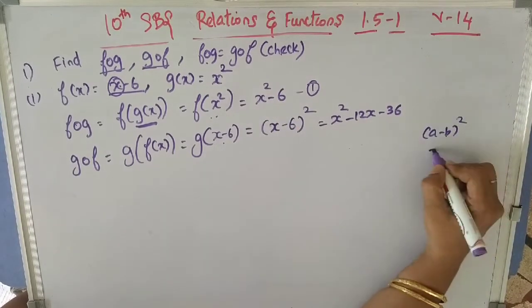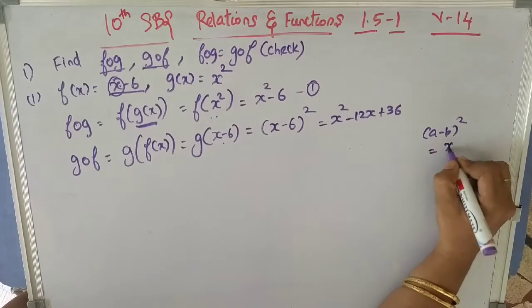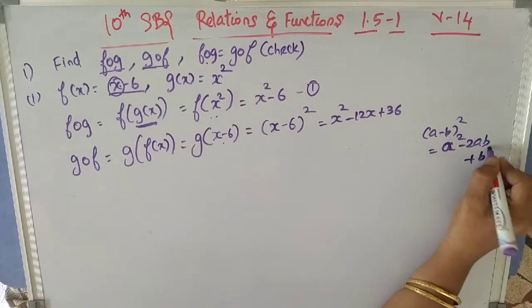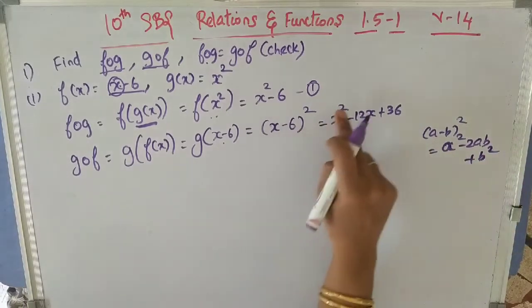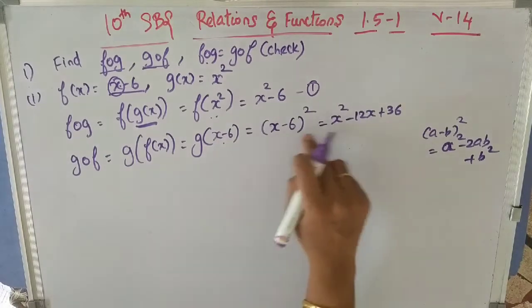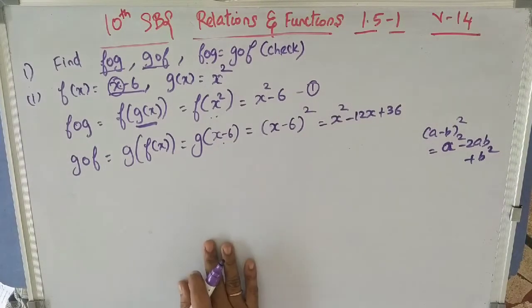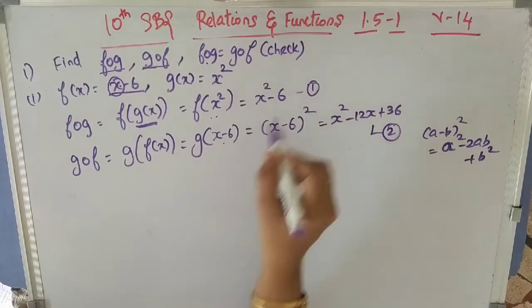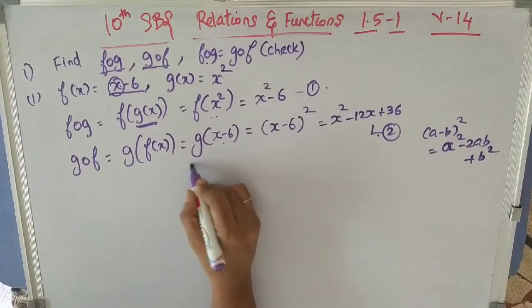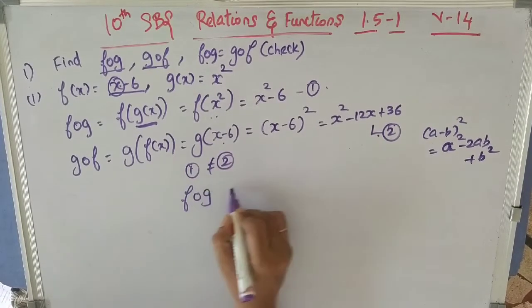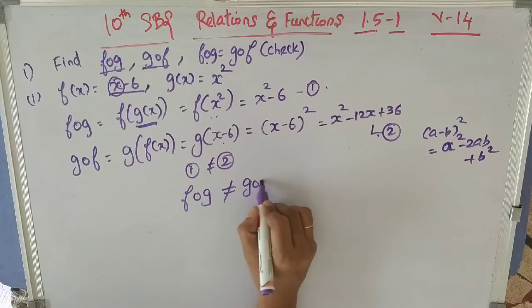Here, I have used the a minus b whole squared formula, which is equal to a squared minus 2ab plus b squared. So, I have found g dot f. I am going to mark it as 2. From 1 and 2, it's clear that 1 is not equal to 2. Therefore, f dot g is not equal to g dot f in this case.